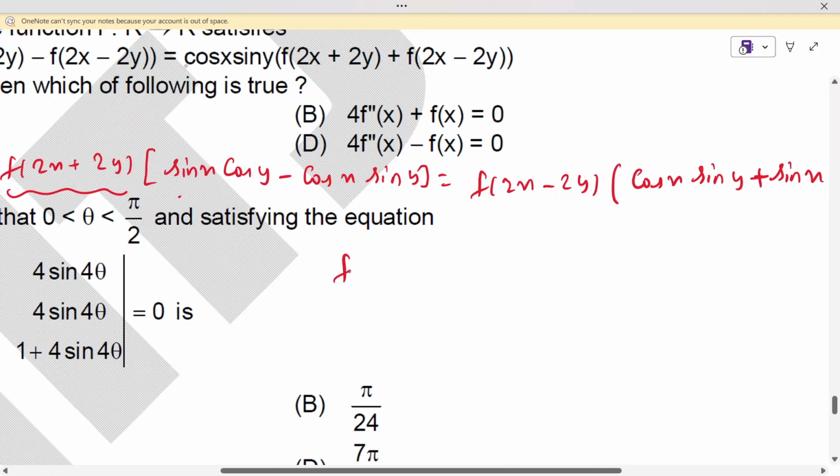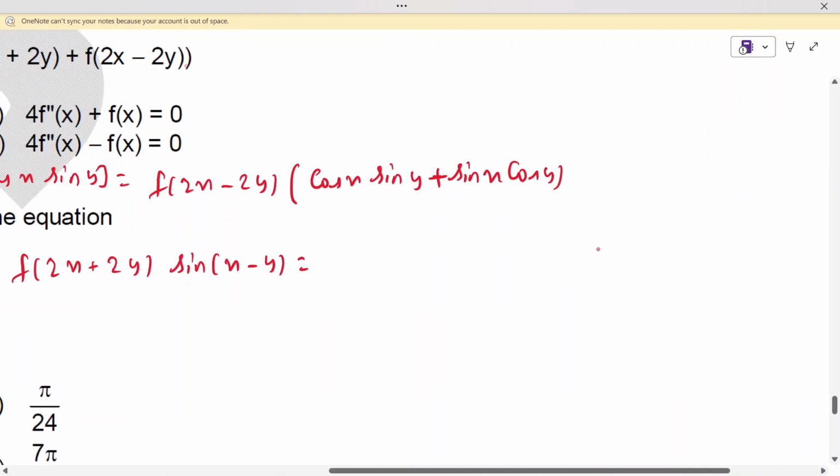f of 2x plus 2y into sin(x minus y) should be equal to f of 2x minus 2y into sin(x plus y).